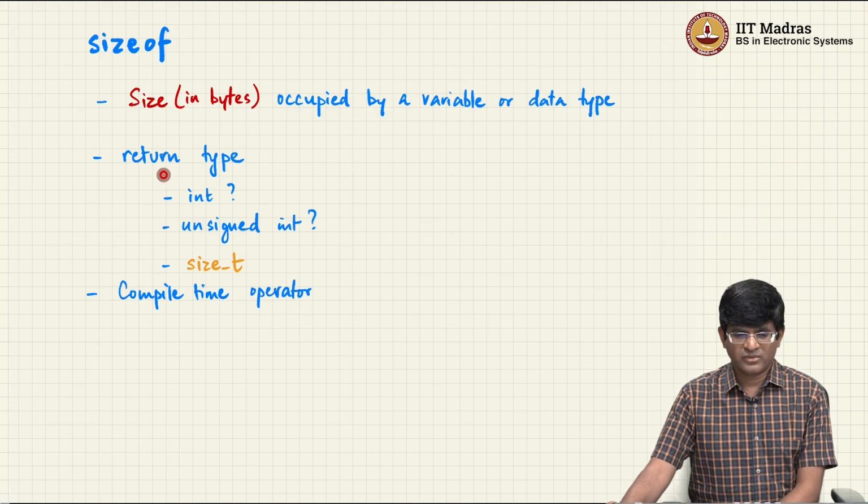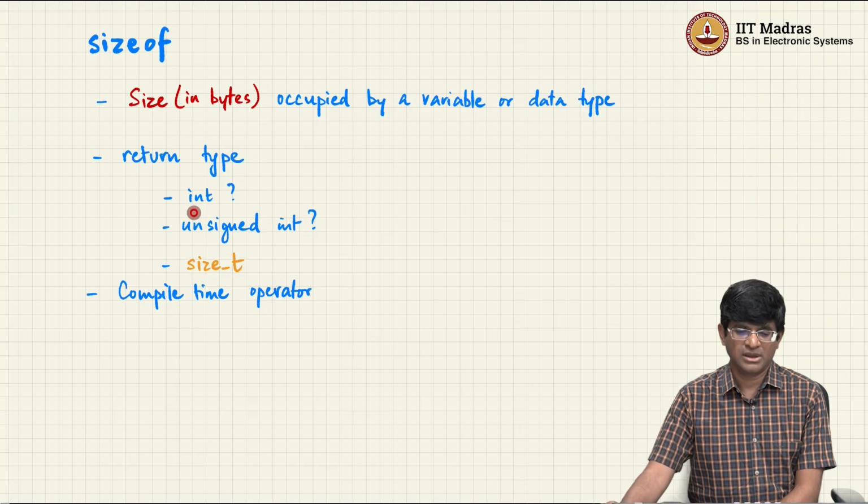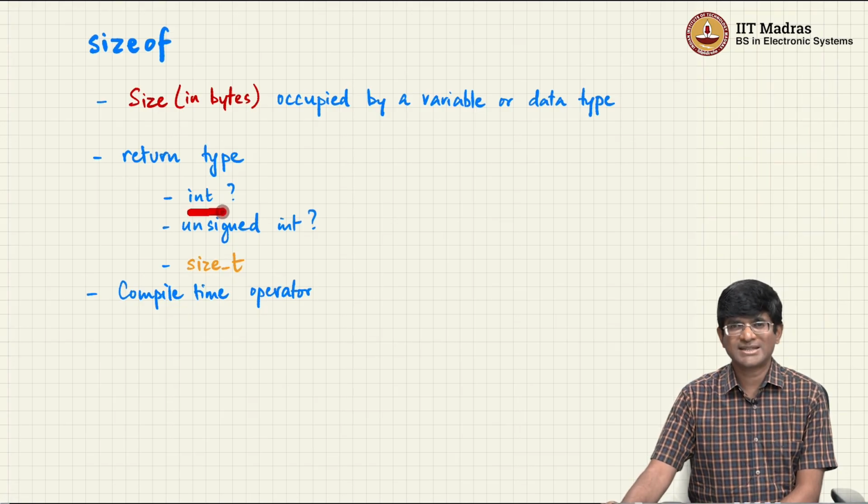One other interesting fact about the Sizeof operator is that it has to return data of a certain type. Obviously, Sizeof gives a number of bytes, so it should be a number. That number could have been an int, but I also know that a size cannot be negative, so maybe it could be an unsigned integer.